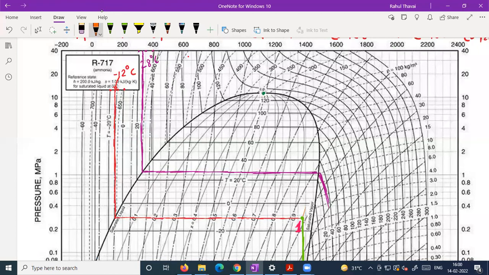So what we will do is simply draw a parallel line to either the below line or the above line. You can see that.